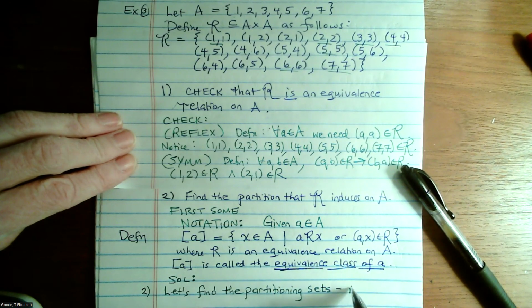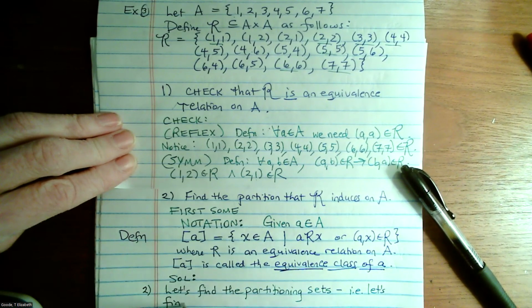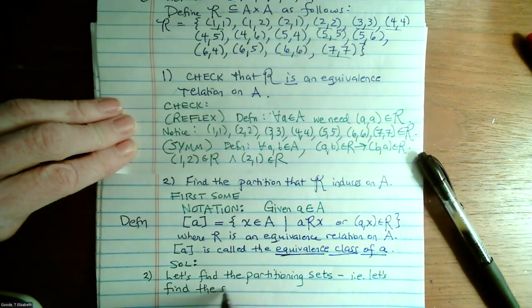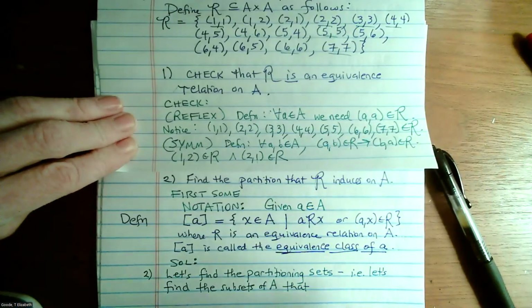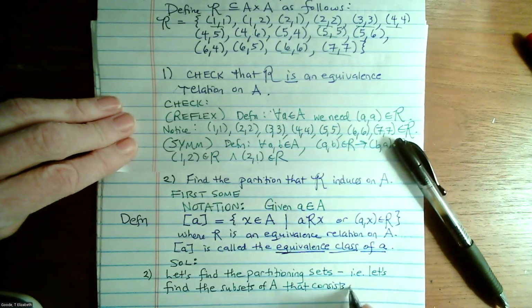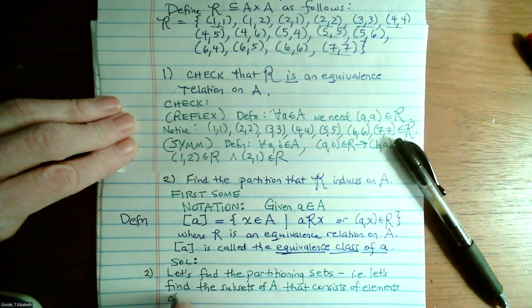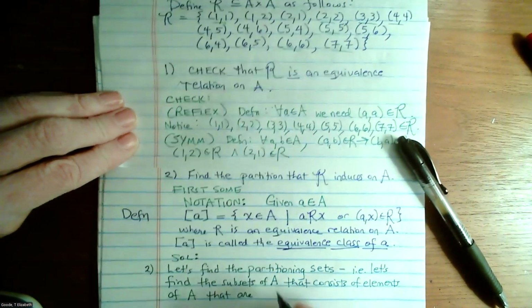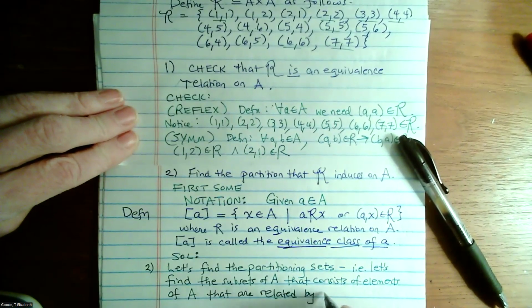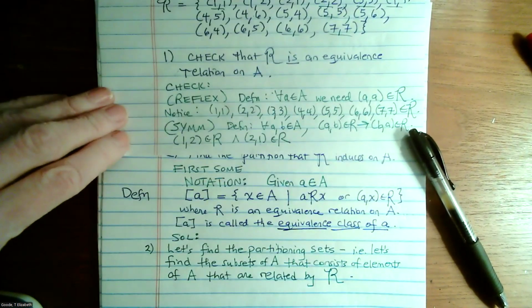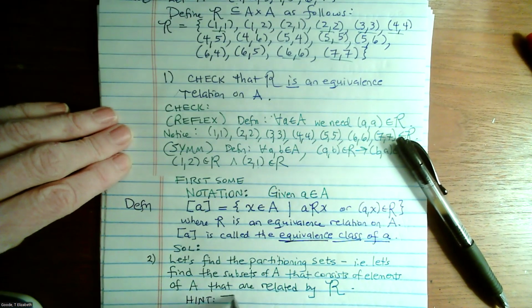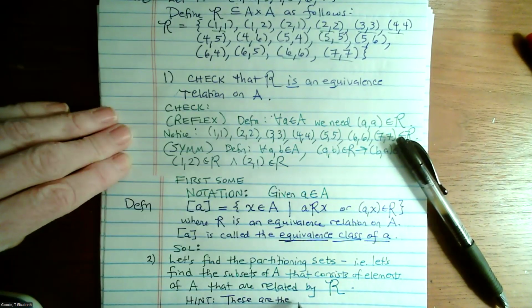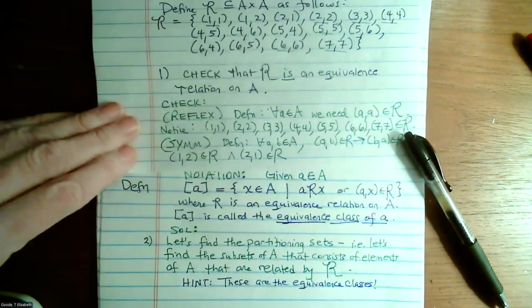They're called the partitioning sets, i.e., let's find the subsets of A that consist of elements of A that are related by curly R. These are actually the equivalence classes.